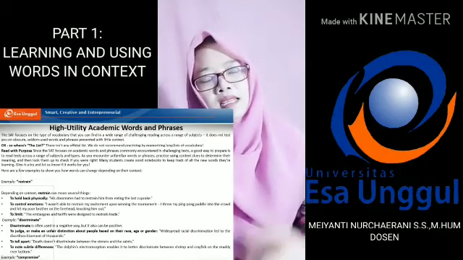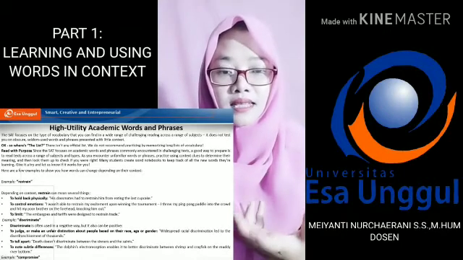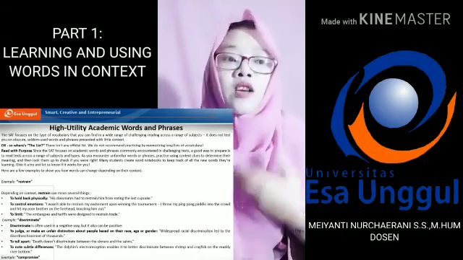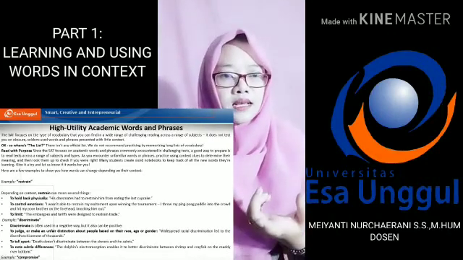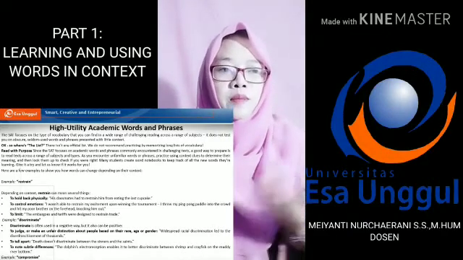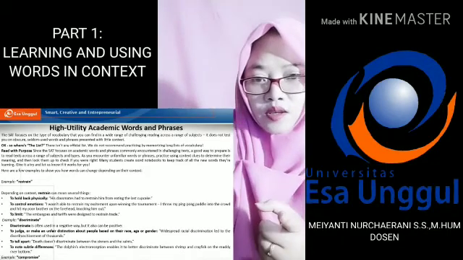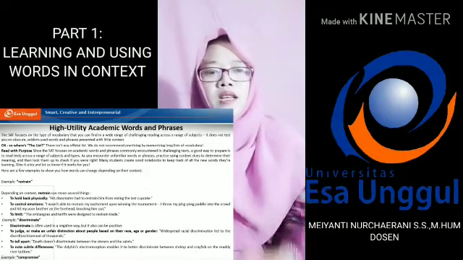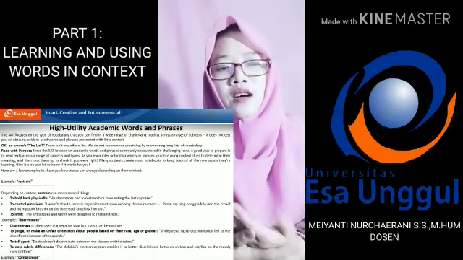Okay, and then the next example is about discriminate. Discriminate is often used in a negative way, but it also can be positive. To judge or make an unfair distinction about people based on their race, age, or gender. Here is the example: widespread racial discrimination led to the disenfranchisement of thousands.